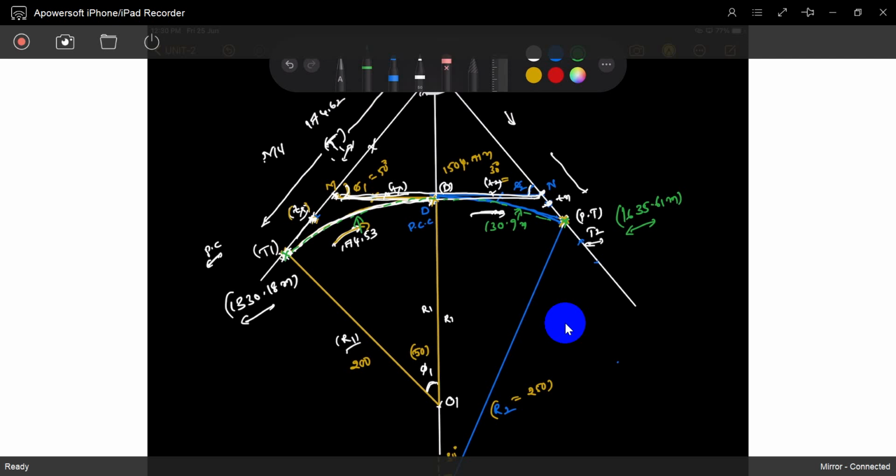I recommend you learn about vertical curves and transition curves, because most transportation classes show no interest in explaining what a vertical curve or a transition curve is.